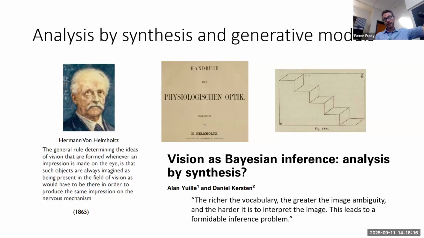If you stare at that for a little while, it first might look like a staircase going up and to the left, but then your perception might flip and you might see the staircase upside down and going down to the right. The stimulus doesn't change, but of course your perception changes. The idea is that the reason this happens is because there are different configurations of a generative model that both explain the input.